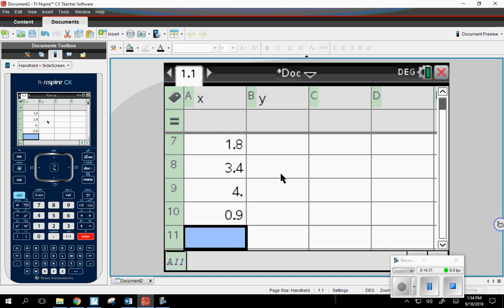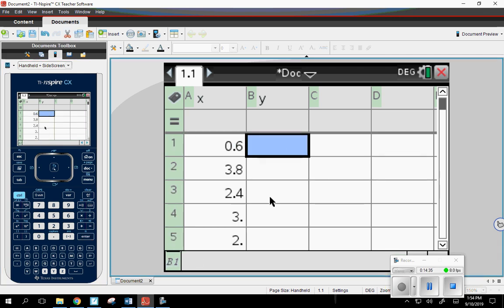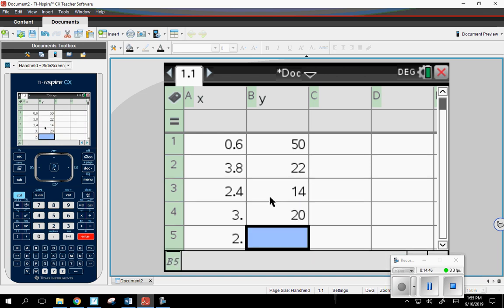So I got 10. Going back up to the top, Control 7. Now 50, oops, 22. What do we have? 14, 20, 33, 47, 25, 8, 16, 38.